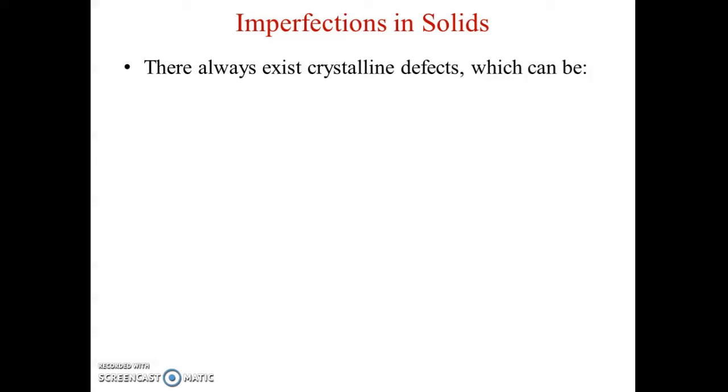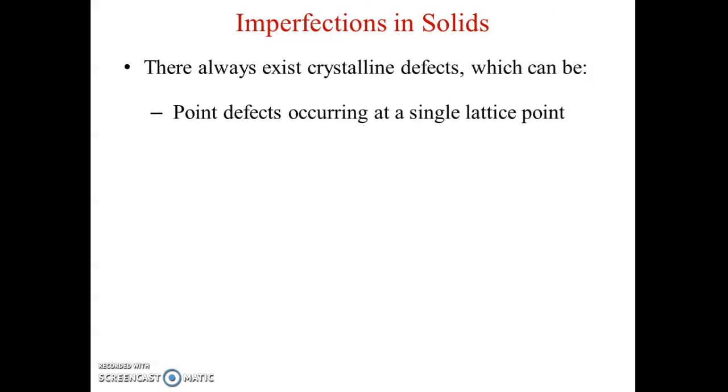Imperfections in crystals can be of different types. Point defects are confined to the vicinity of a few atoms or to a single lattice point. So it is a zero-dimensional defect.